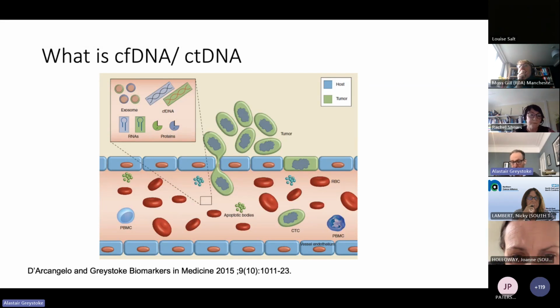Maybe they're traveling around the circulation, and maybe it's a session for another day on circulating tumour cells, and maybe they're dying directly in the circulation and releasing their DNA. Or maybe they're actively excreting the DNA, maybe even as signals to other cancer cells and to the rest of the body. The short answer is we don't really know, but this is a well-described phenomenon.